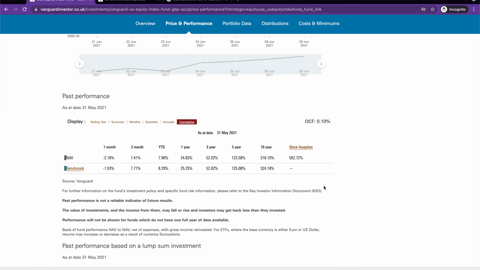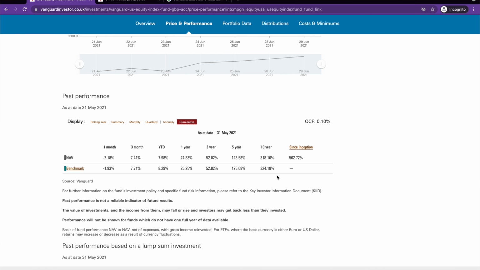So in this case, you can see that for this fund, the 10-year performance for the net asset value, or for the real assets in the fund, for the last 10 years, has been 318%, and the benchmark was 324%, so it's tracking very closely, but remember, it's not exact.